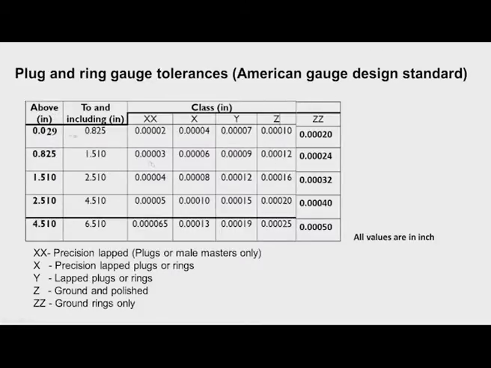Now this table shows, for a particular size range, 0.029 inch to 0.825 inch, all the values are in inches. What is the tolerance that is allowed?